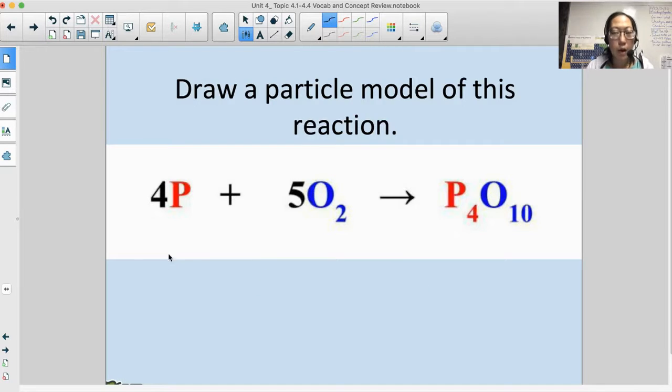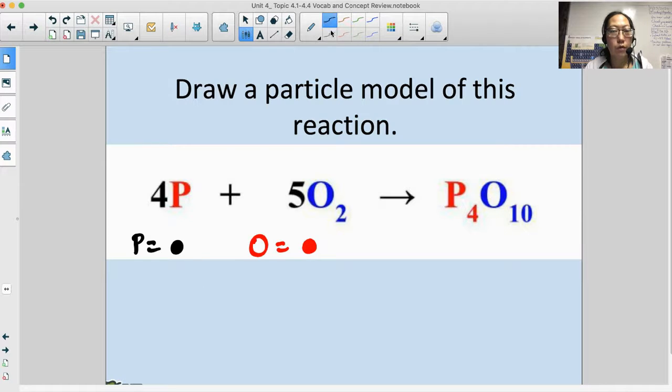If we had to draw a particle model of this reaction, we would need to draw 4 P's. First, we want to make a key. Okay, so I'm going to use black for my P. So I'm going to say P is a black circle. Oxygen is usually red, so I'm going to use oxygen is a red circle.